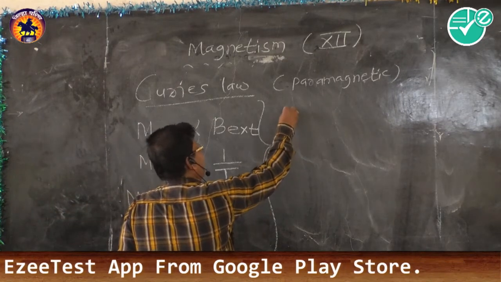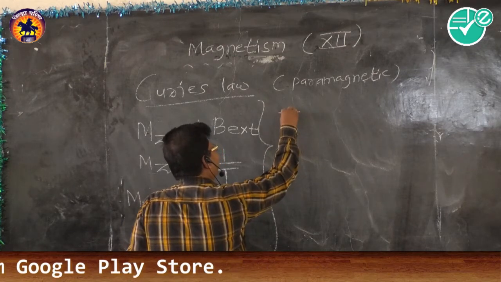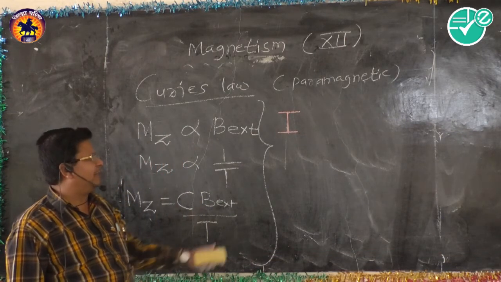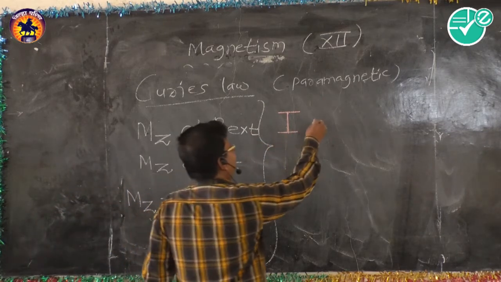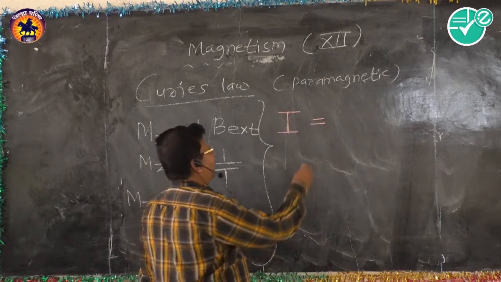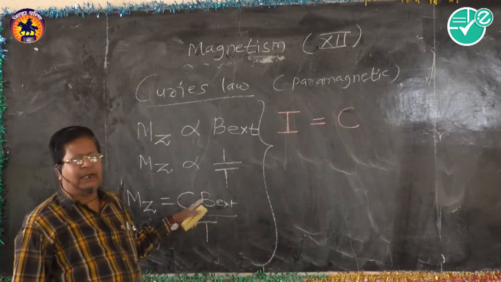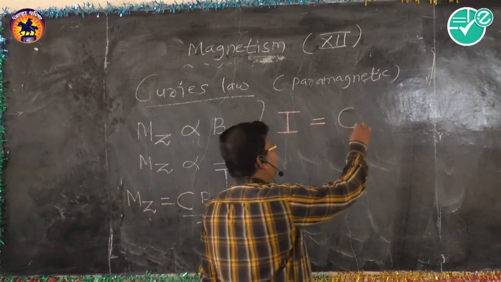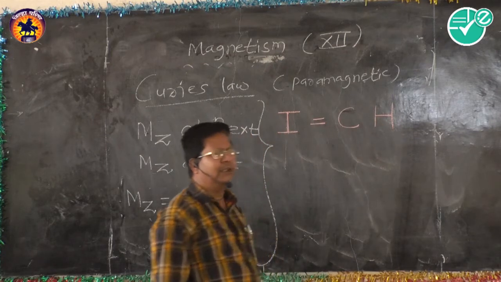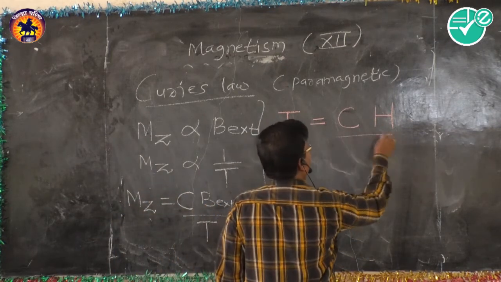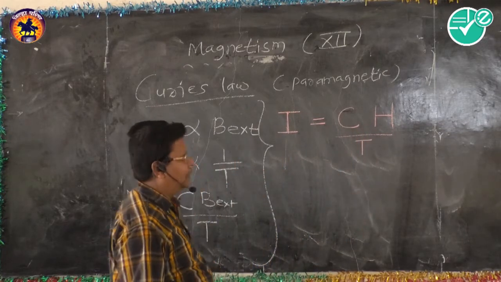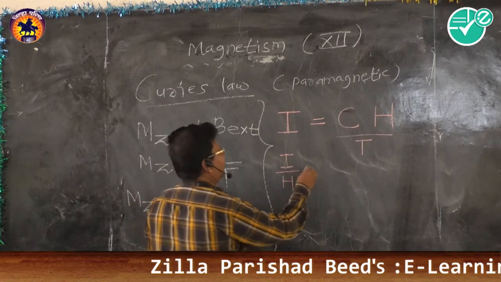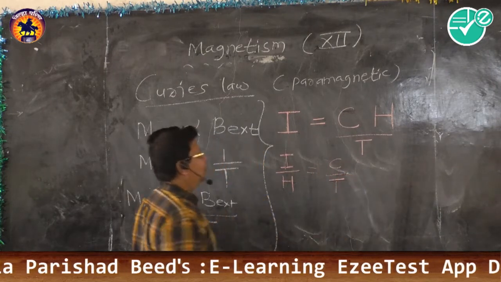As we know, Mz can be represented by another property called intensity of magnetization, that is I. So Mz is replaced by I is equal to C into B external, that means external magnetic field, which is nothing but the magnetic intensity, that means capital H, divided by T. Rearranging the terms, we write I divided by H is equal to C divided by absolute temperature.